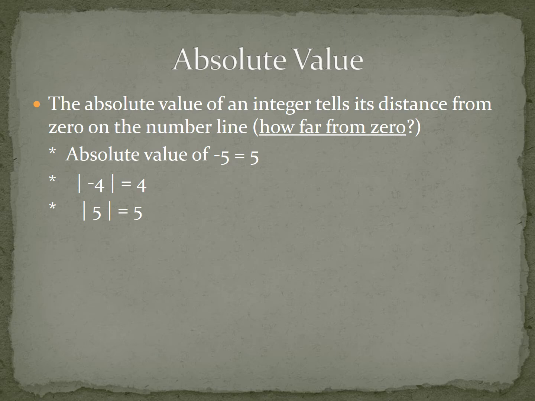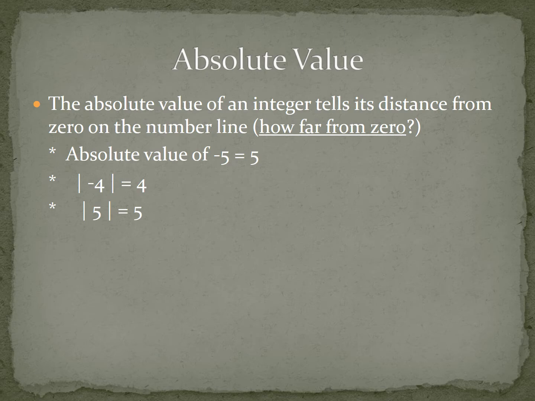So like the absolute value of -5, and that's generally written with the 2 bars on the side. The absolute value of -5 is 5. Just like the example there with the number -4, written with the bars on the side. That's basically saying the absolute value of -4 is 4.